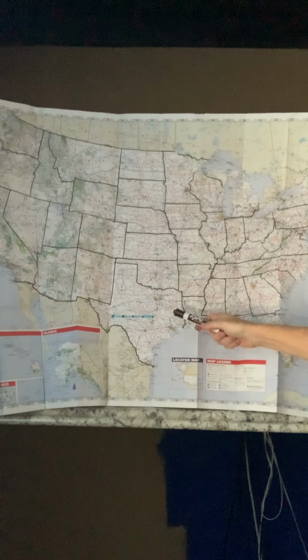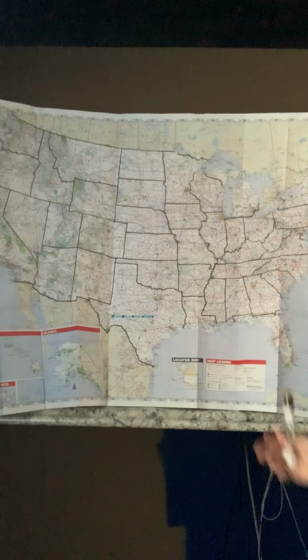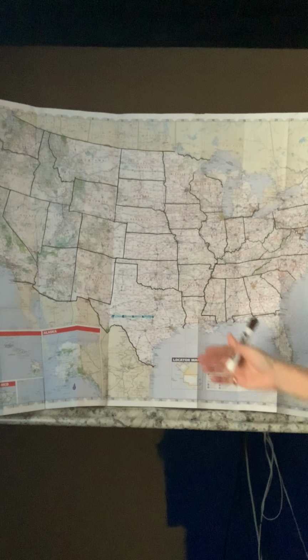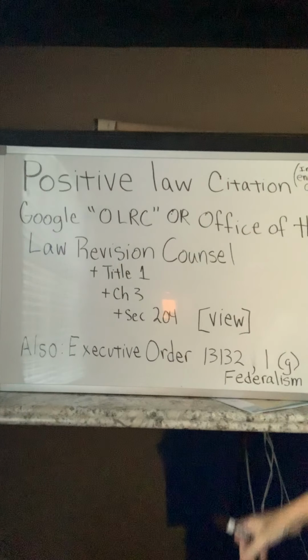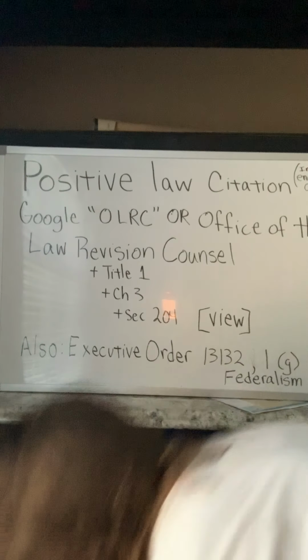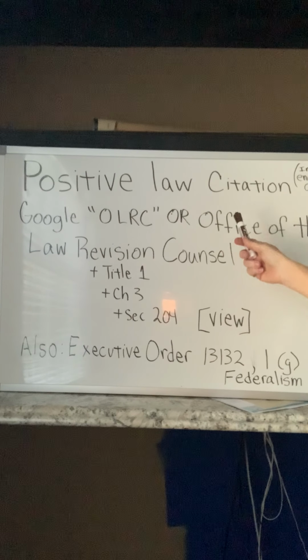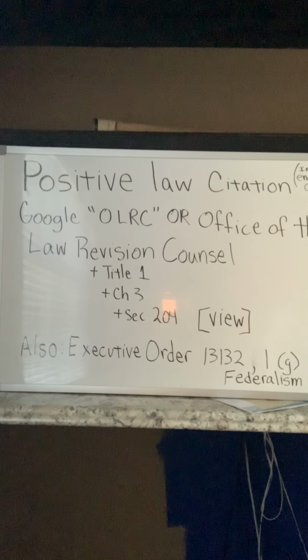They're reading the business contracts and they're thinking that they're laws, but they're not, because they're missing a fundamental component to actually being passed into a law, and that's a positive law citation. So a positive law citation is required in order for a title to be passed into law.